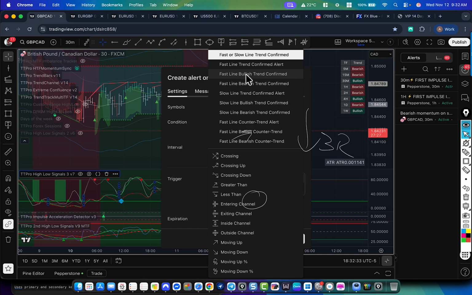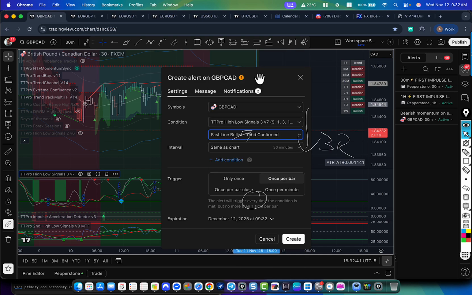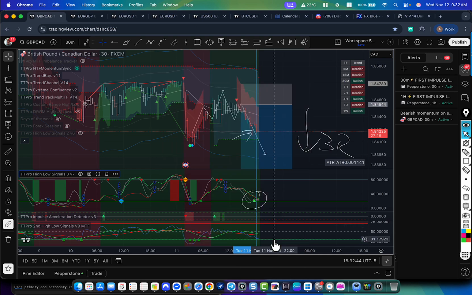Okay, so it's confirming that there's a potential bullish trend going on. Create. Yeah, bullish trend. So this is now trending bullish, and it's telling you that we've pulled back, and this is about to head north. Most likely price is going to head in that direction.